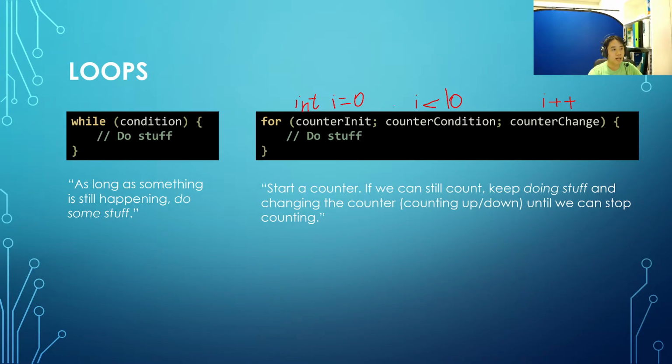So in that case, i is going to count from 0 to 9, and then when it reaches 10, we're going to break off the loop because the condition would be false by then. So we start a counter, that's the first step, then we check its condition, then we run whatever's inside the for loop, then we change it, and then we go back to checking and see if we can run it again.